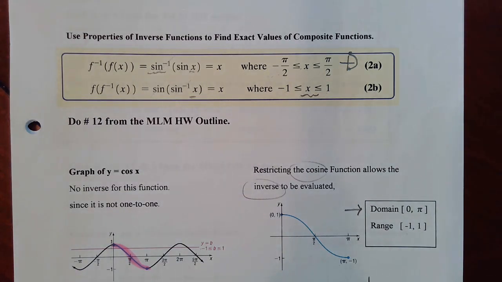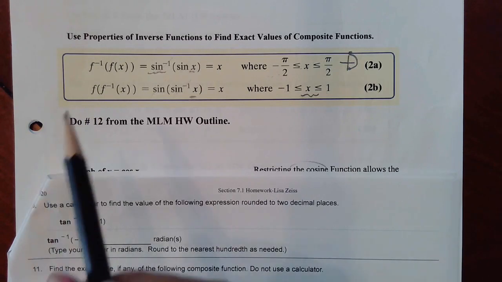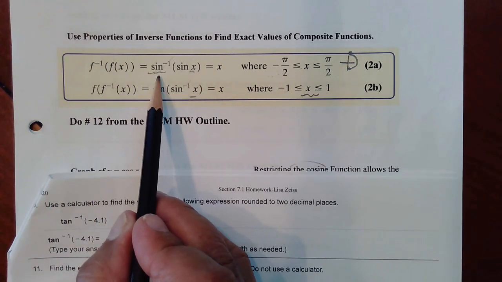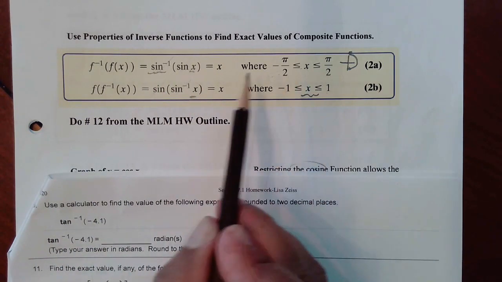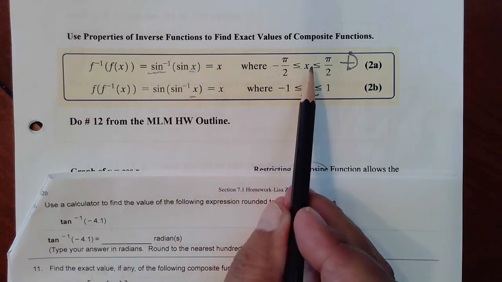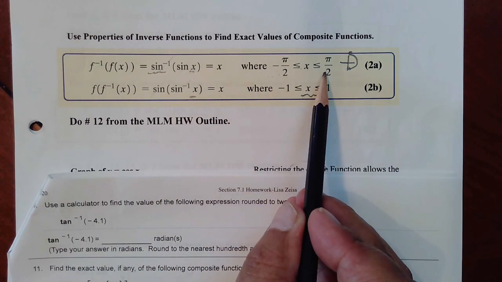Okay, so let's see. Going back to the first page, we're not ready for that one yet, but we can do number 12. So again, let's look at this. When inverse sine is on the outside, the value that they give you right here has to be between negative pi over 2 and pi over 2.